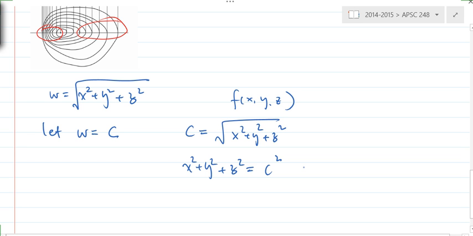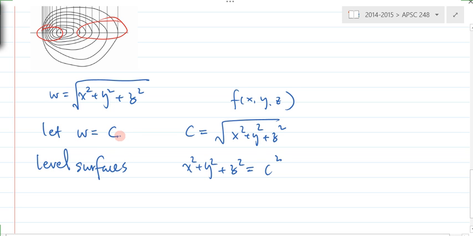So you give c a value, you have a sphere. You give c another value, you get another sphere. So basically you get layer upon layer of surfaces with different values of c. This one we're going to call level surfaces.